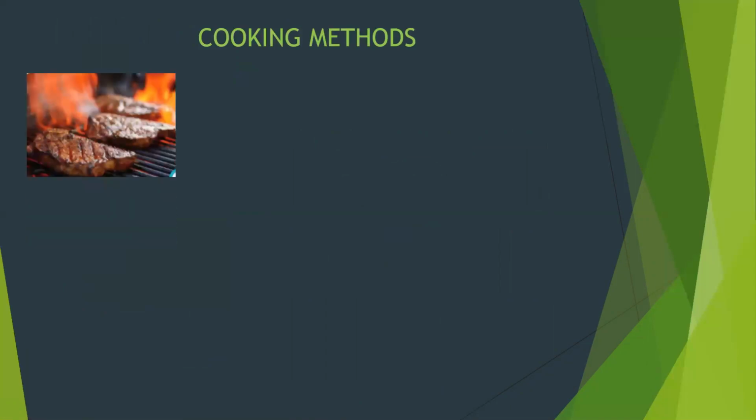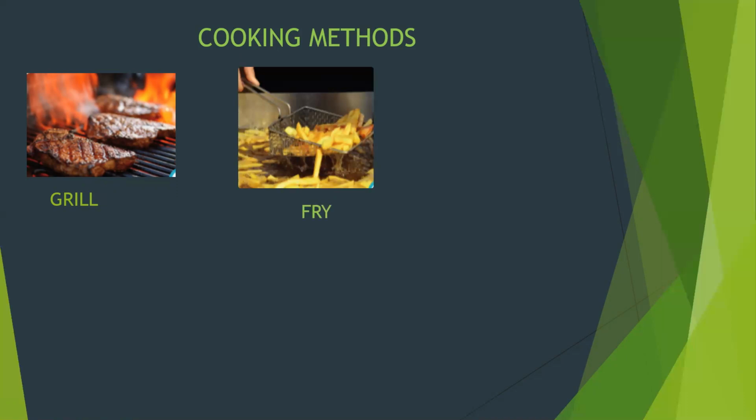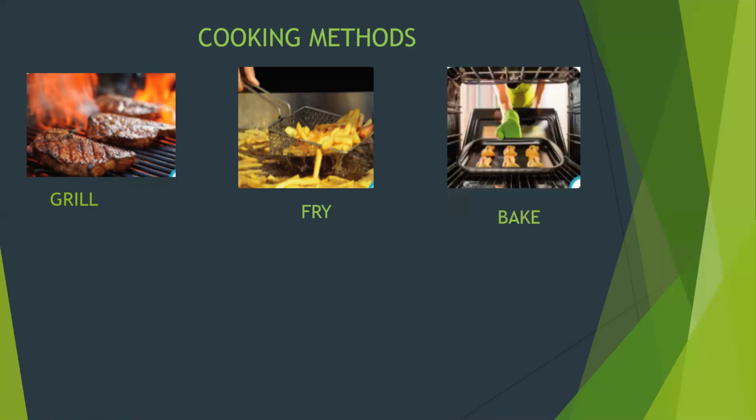The first one, grill. What is it? To cook food under strong direct heat. As you can see in the picture, grilled steak. Second one, fry. To cook something in hot oil. As in the picture, fried potatoes. Bake. Here we go.